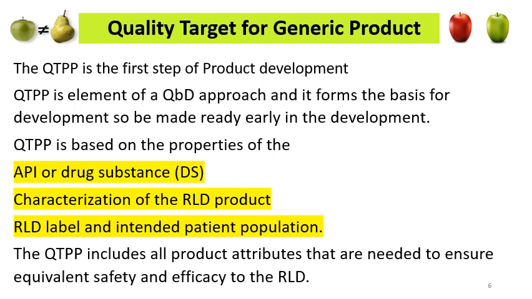QTPP is based on the properties of the drug substance, characterization of the RLD product, RLD label, and the intended patient population. These are the three very important things on which the QTPP is based. The QTPP includes all product attributes that are needed to ensure the equivalent safety and efficacy with respect to the reference product or RLD.